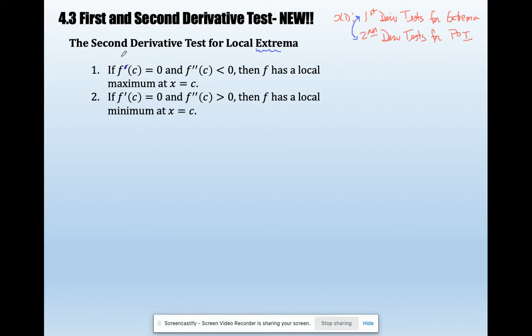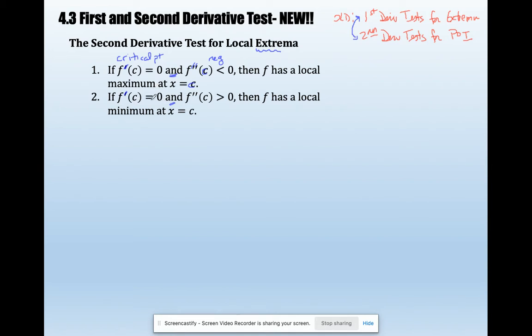If you have a critical point, not an extrema necessarily, just a critical point, which is where the first derivative is equal to 0 or does not exist, and at the same time the second derivative is negative at a particular value, then you have a local maximum.